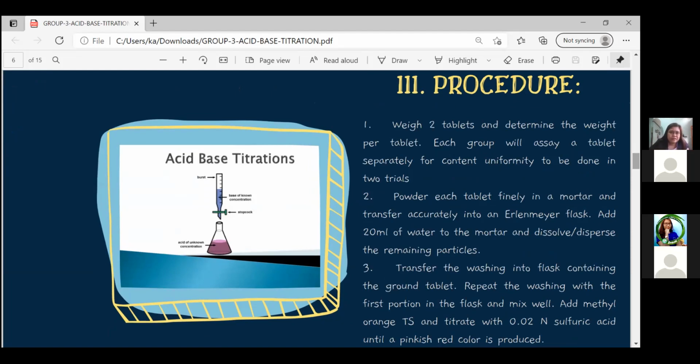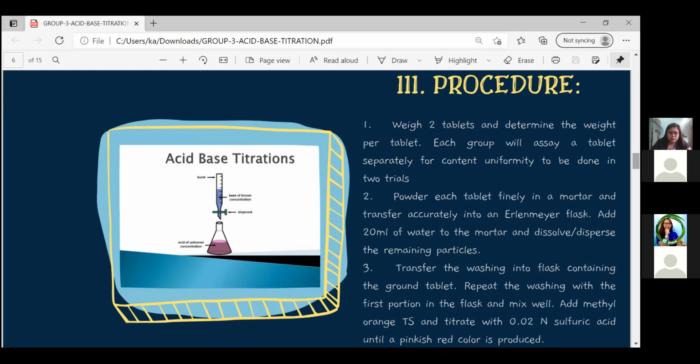So, good morning, everyone. In the procedure, first, we weigh 2 tablets and determine the weight per tablet. Each group will assay a tablet separately for content uniformity to be done in 2 trials. Second, powder each tablet finely in a mortar and transfer accurately into an Erlenmeyer flask.